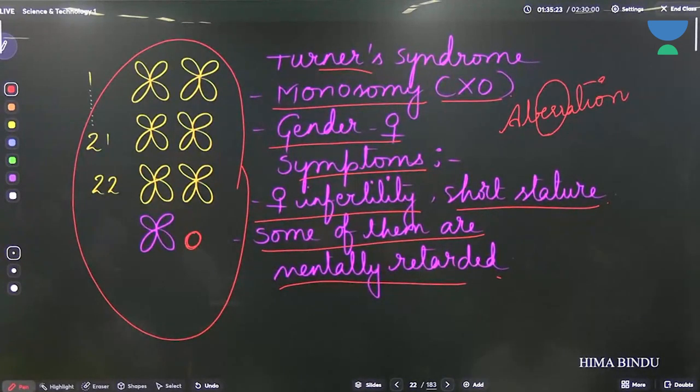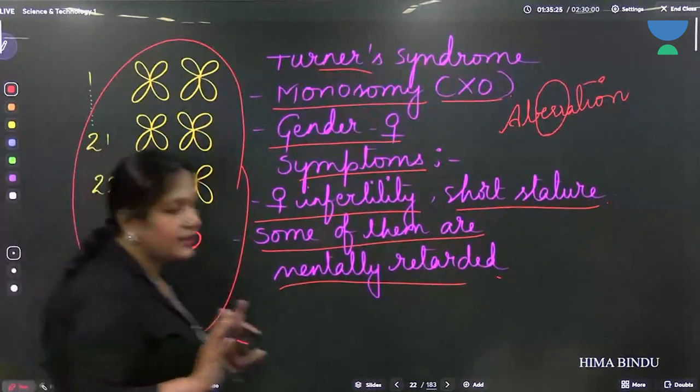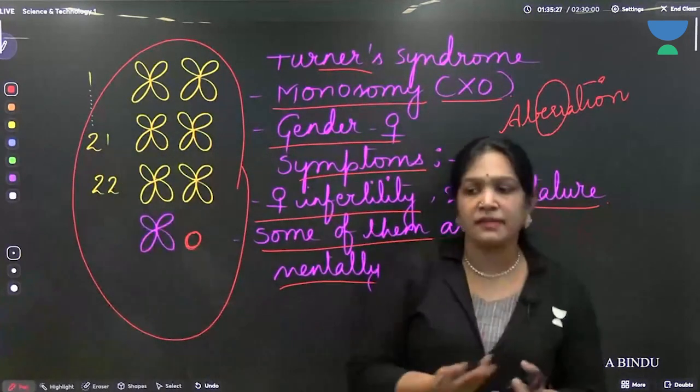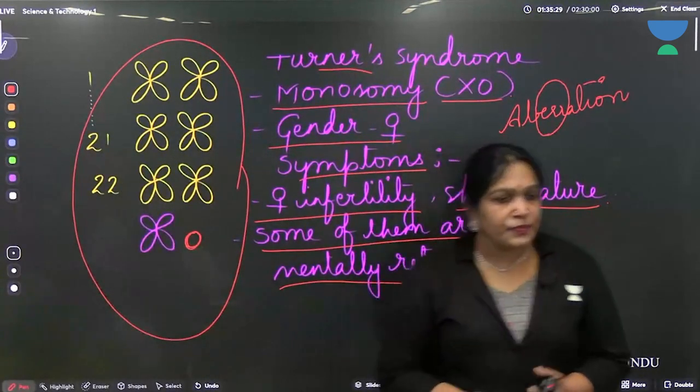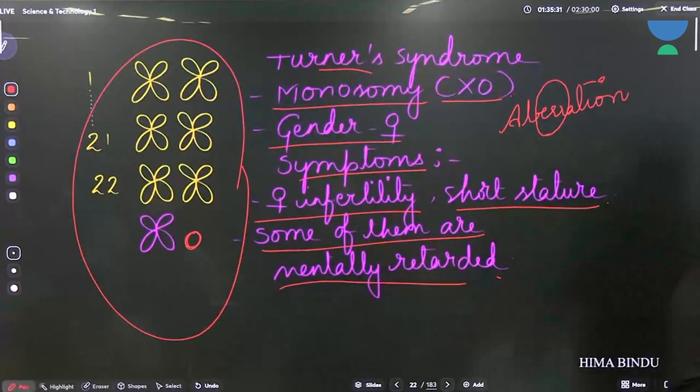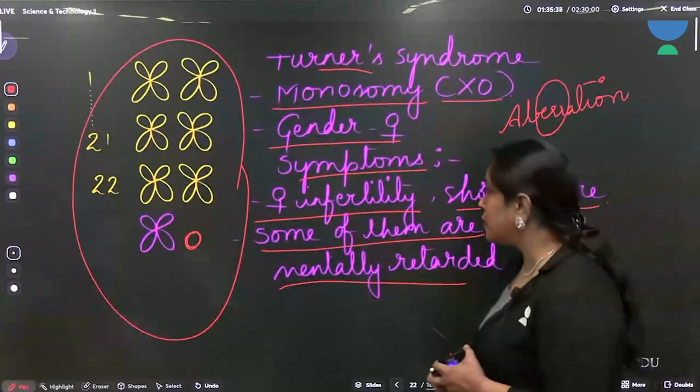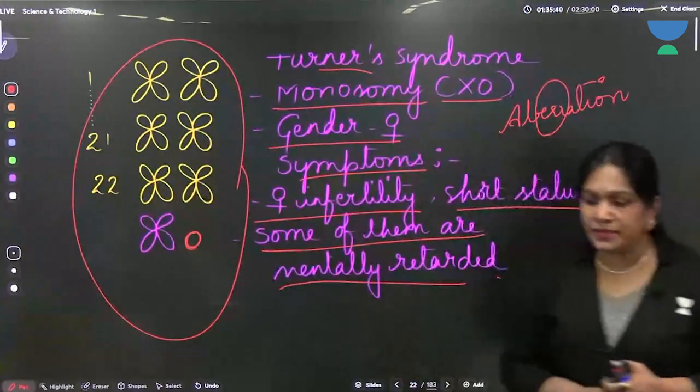Socially we use the word special child, because mentally retarded can be insulting or derogatory. But mental retardation means slow growth of the brain. So these are some symptoms.